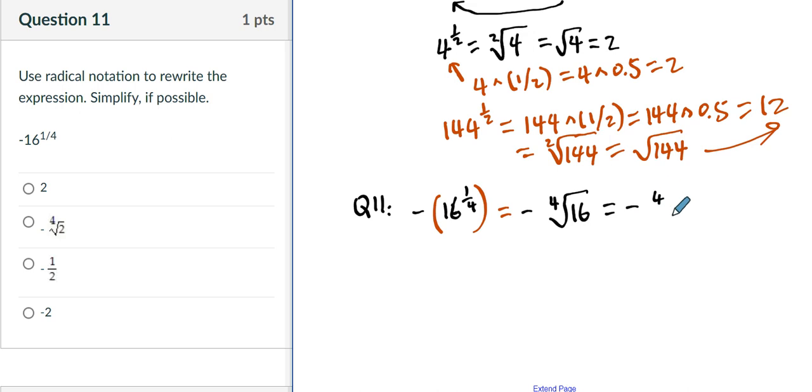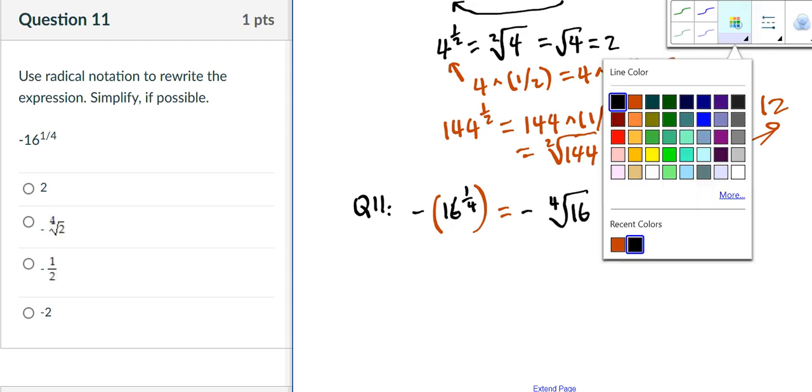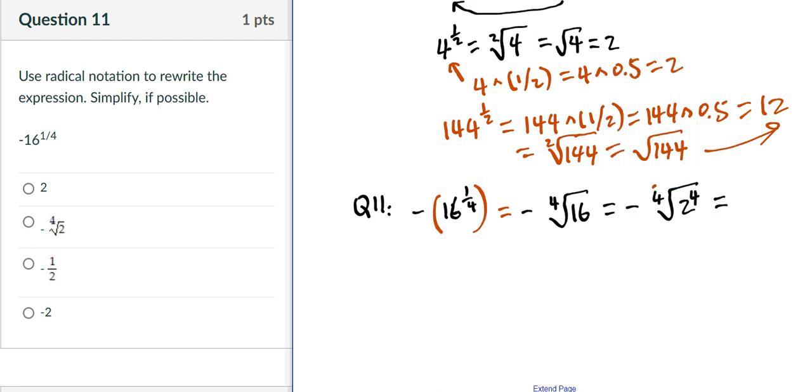That's the fourth root of 2 to the 4th, because 2 times 2 times 2 times 2, 4 times, you get 16. So this one will give you answer 2.